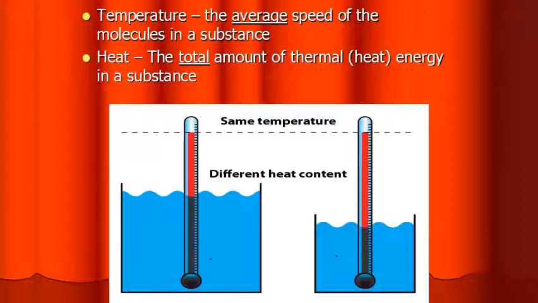It's 10 degrees for both containers, but because the larger container has more atoms, we have to add all those tens together. And because there's more tens over here, we get more heat energy over here than we do in the smaller container. So temperature is kind of an average. It's getting a sense of what speed each of the atoms is going at.